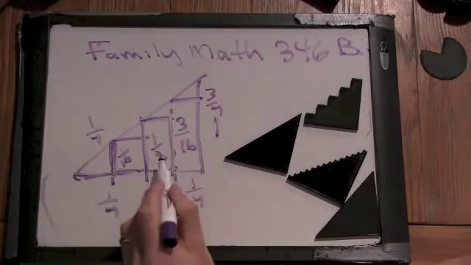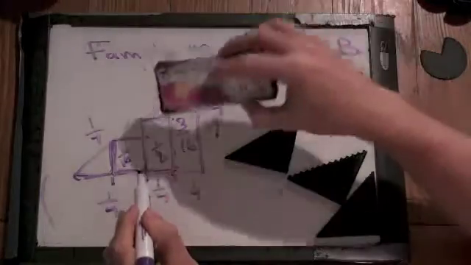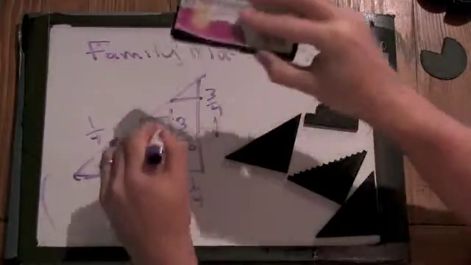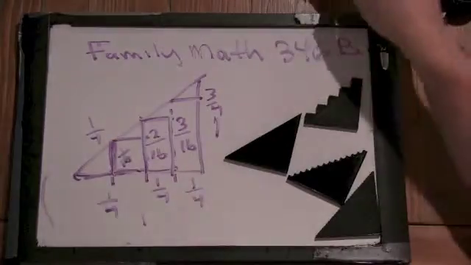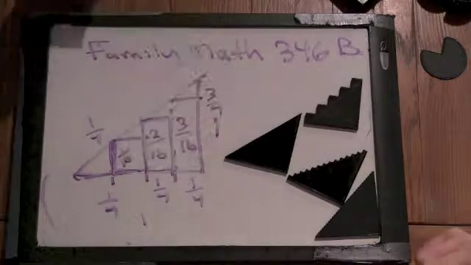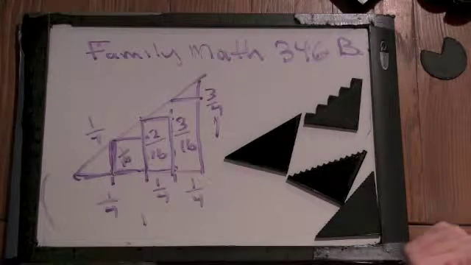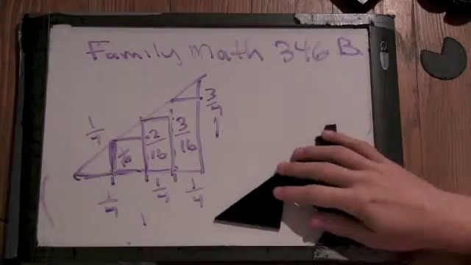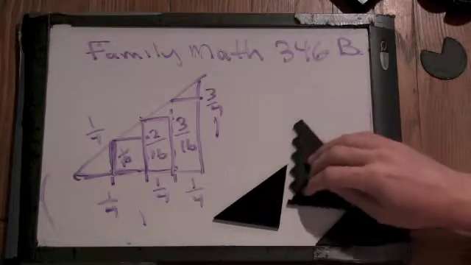3/16. And if instead of writing 1/8, I write this in terms of sixteenths, what would I get? 2/16. Do you see a pattern? Yeah, 1/16, 2/16, 3/16. What about the first one? 0/16. Okay. So I have a very interesting pattern here.